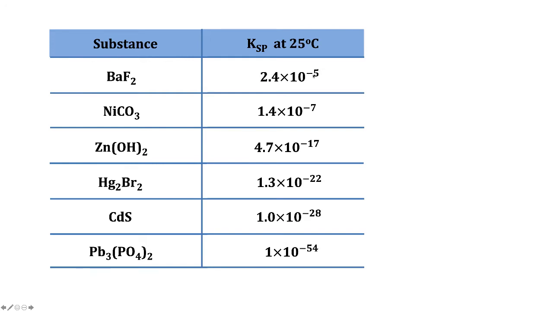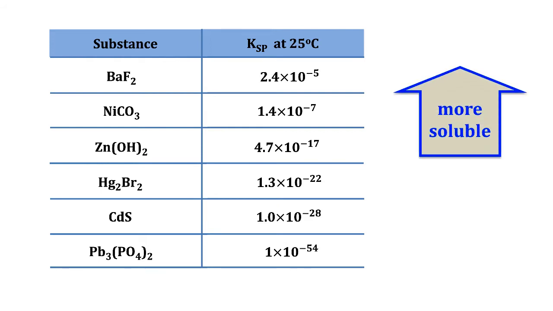Barium fluoride has a K sub SP of 2.4 times 10 to the minus 5th. Lead phosphate has a K sub SP of 1 times 10 to the minus 54th. And the larger the K sub SP value, the more the solid dissociates or dissolves into its ions, and so the more soluble that particular ionic compound is.